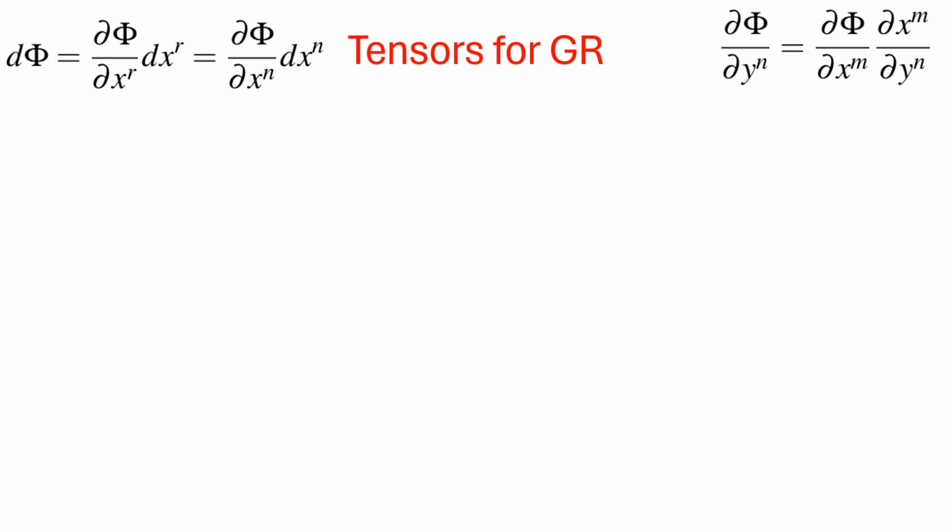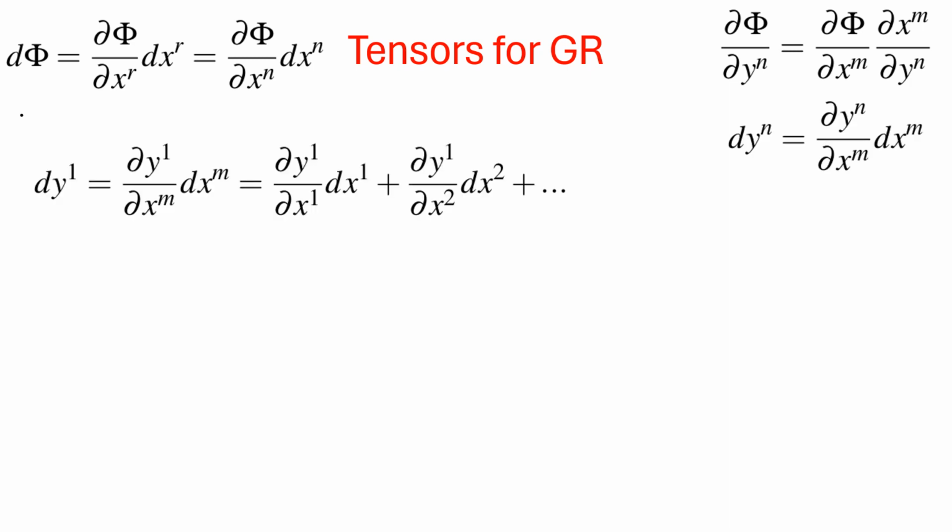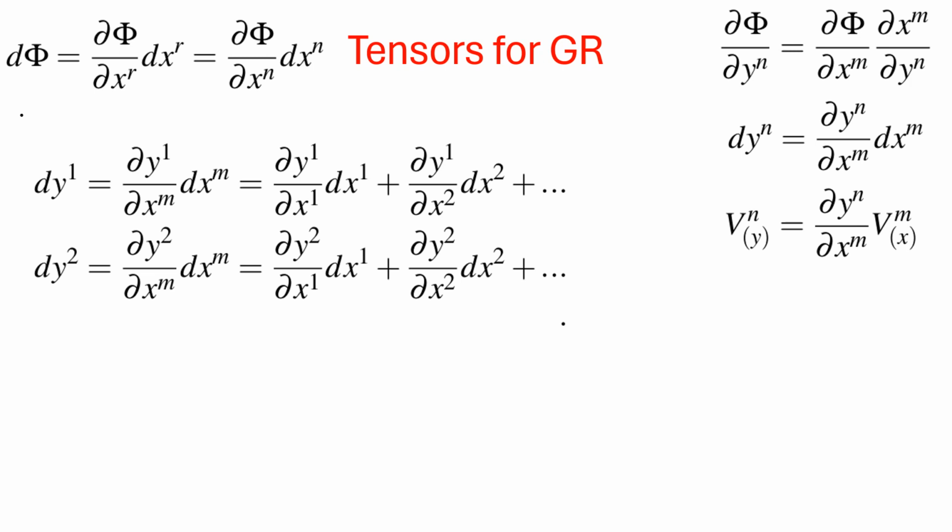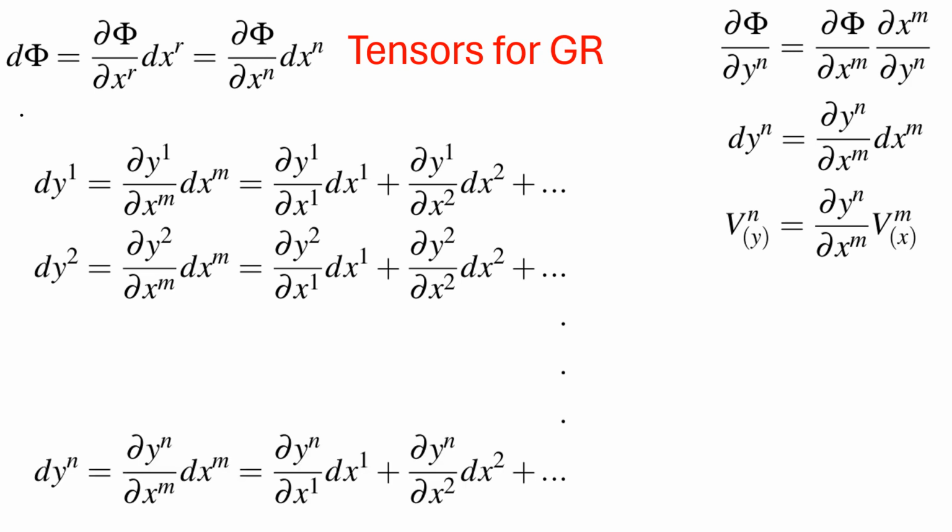Now we have change in y. First variable dy1 is del y1 upon del xm dxm. So this is the kind of first tensor, and this is the kind of another second tensor, and we can write expressions for this.